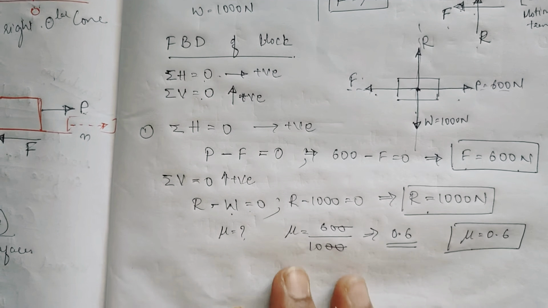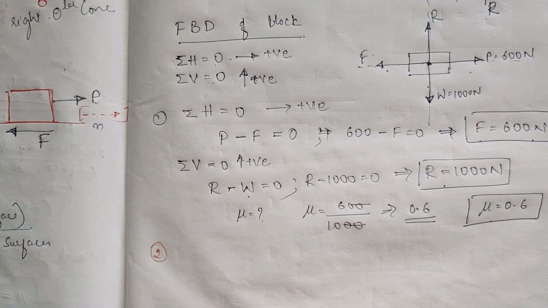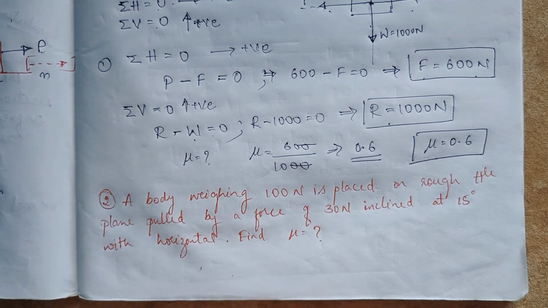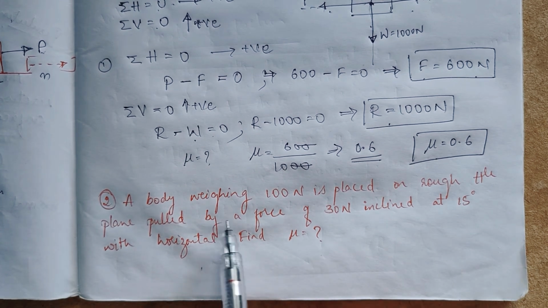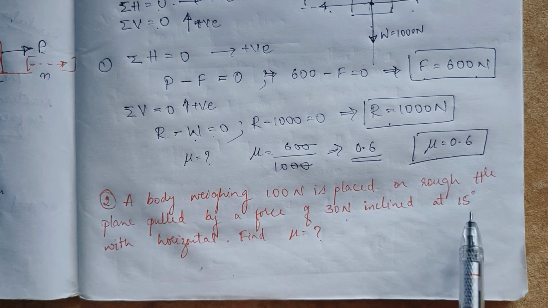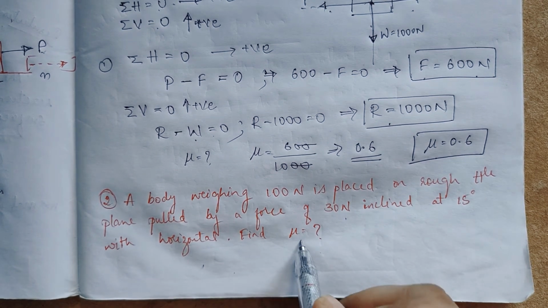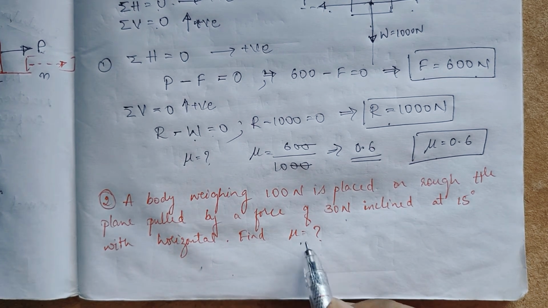I'll write down the question, okay. Second problem. So the second question is, a body weighing 100 Newton is placed on a rough horizontal plane, pulled by a force of 30 Newton, inclined at 15 degree with the horizontal. Find coefficient of friction. Now onwards I will use the short forms, okay. What are they telling?